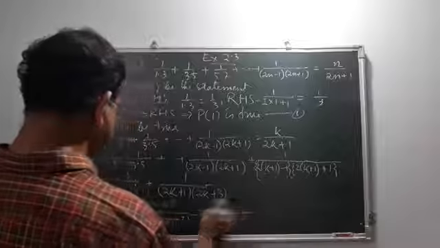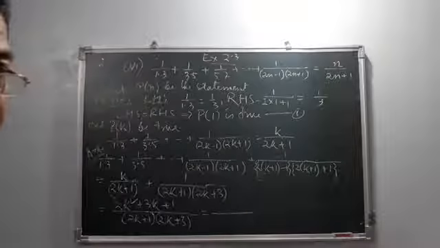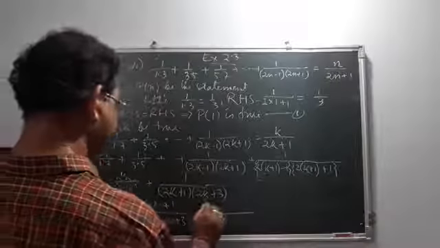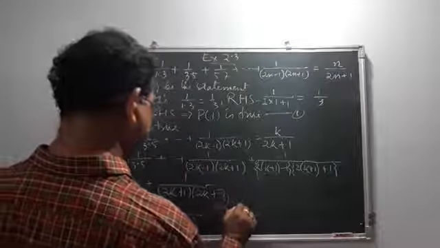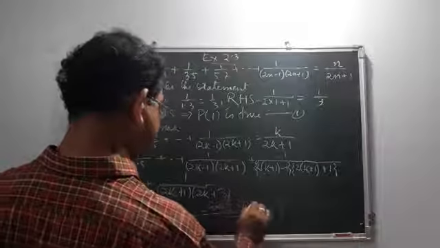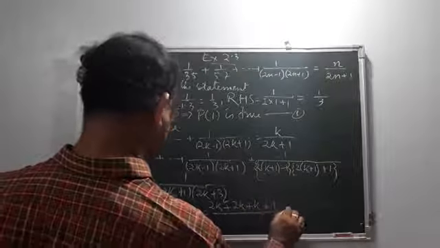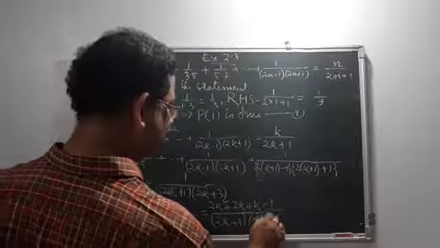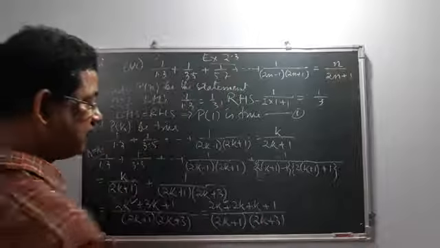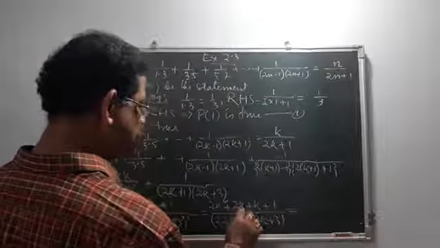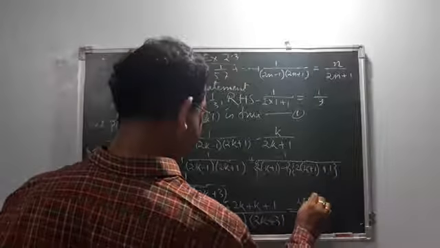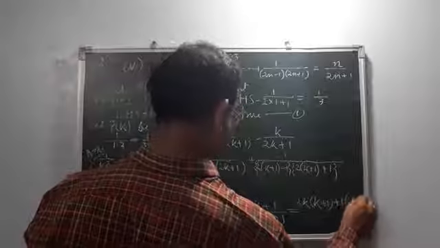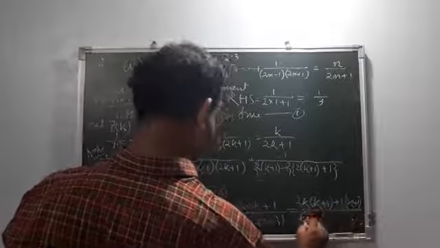Then if we do the simplification of this, we will get 2k square plus 2k plus k plus 1 divided by (2k plus 1)(2k plus 3). After taking common from these, it will be (2k plus 1) and here (k plus 1). So ultimately we get this term.